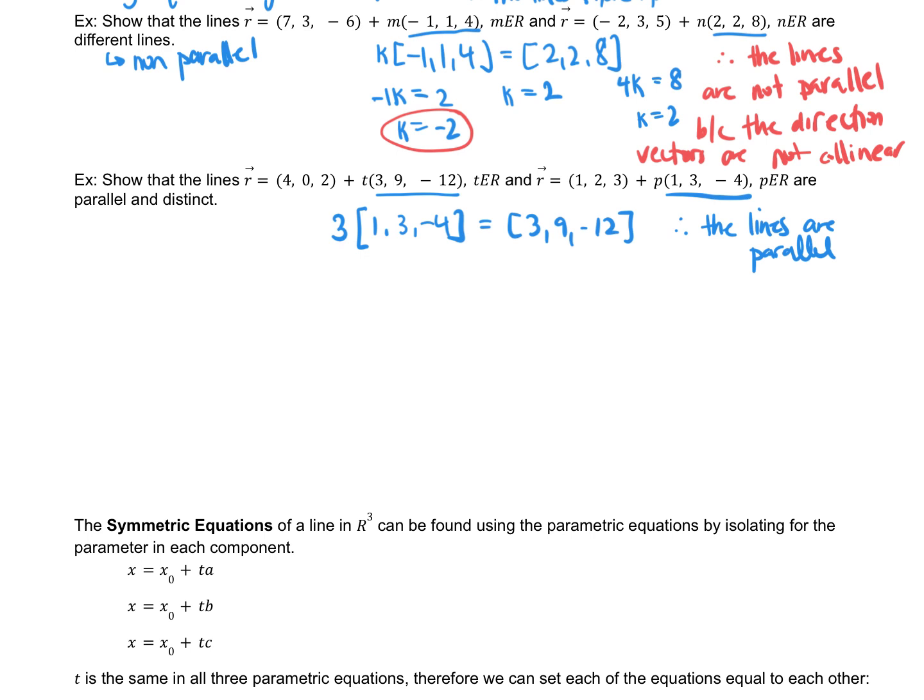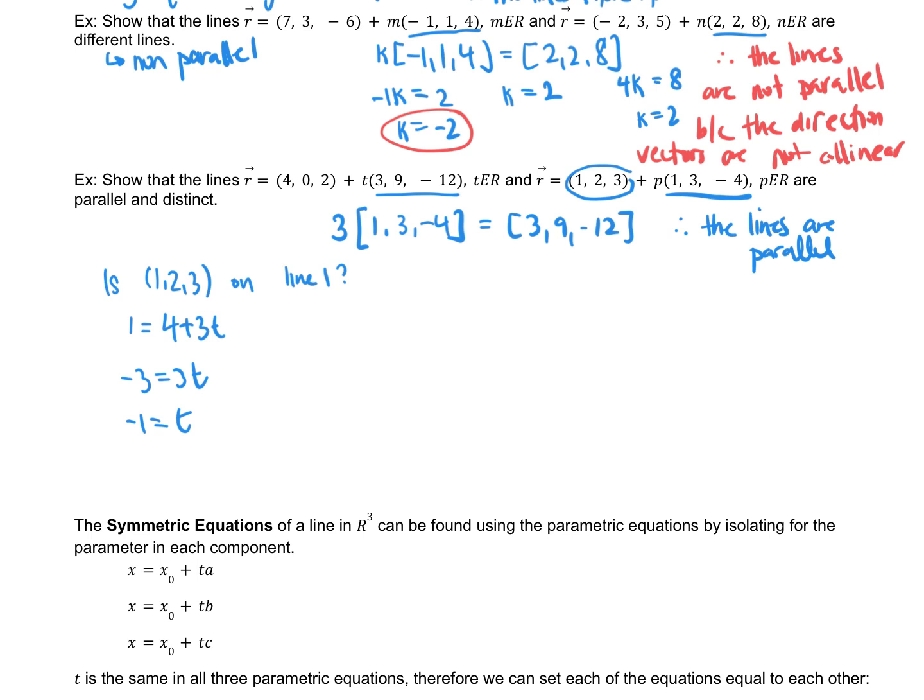So I'm going to check and see, is this point on the first line? And this one I'm going to use the other method. So I'm going to use all of the parametric equations. So for x, the parametric equation for line 1 is 4 plus 3t. If I set it equal to 1, what do I get for t? Well, bring the 4 over, divide out the 3, and I get negative 1.